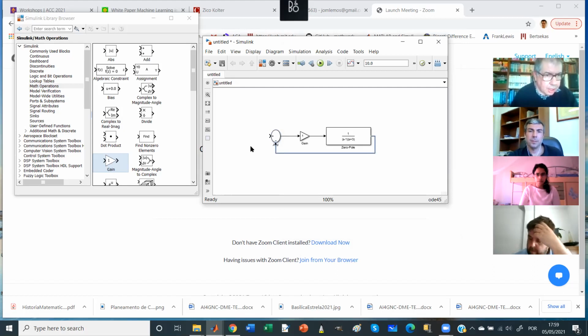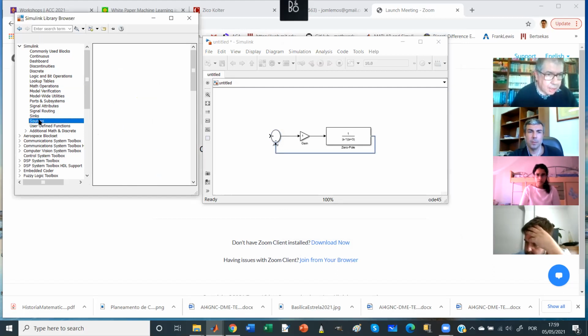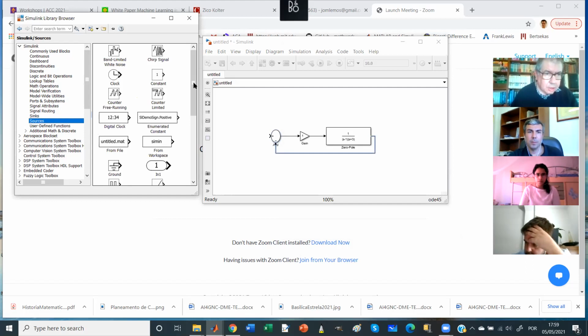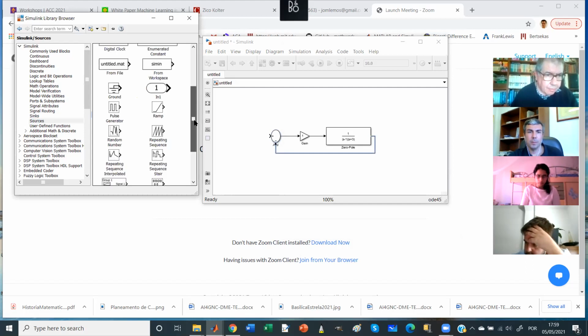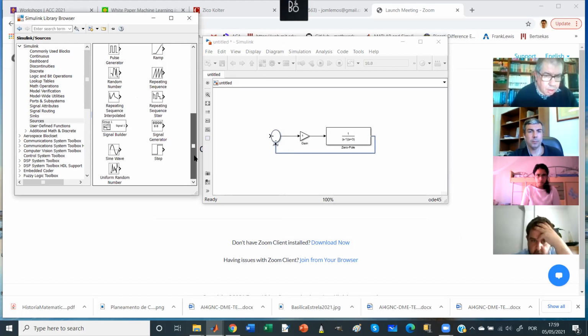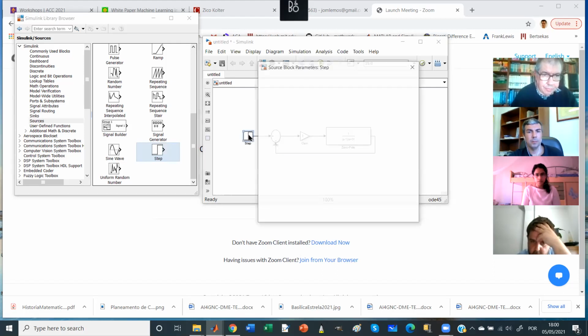Now we need a source, a signal generator. So I'm using a step, unit step.